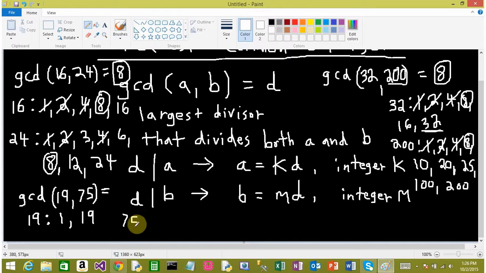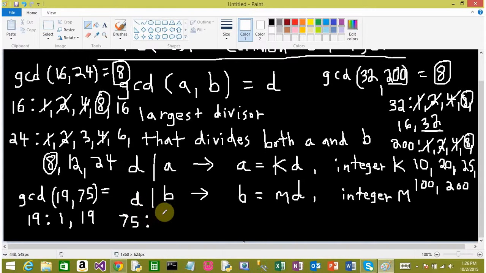For 75, that's not a prime number. A prime number is a number that's only divisible by 1 and itself, and it's any number that's 2 or greater, because 2 is the first prime number and the only even prime number there is.